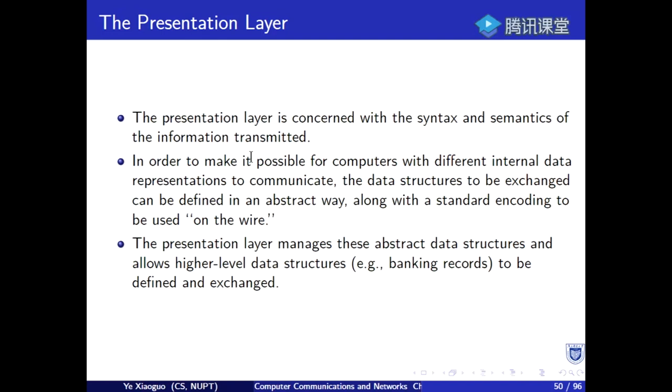So in order to make it possible for computers with different internal data representations to communicate, that means because the network may be heterogeneous, the computers in the network probably are heterogeneous. They use different representations for internal data. How to communicate?